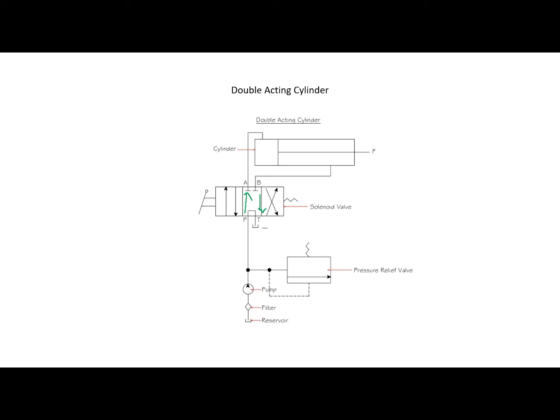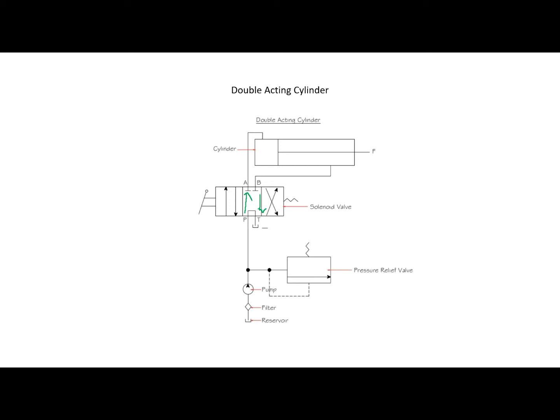When the four-way valve is deactivated, the spring-centered envelope prevails and the cylinder is once again hydraulically locked. When the four-way valve is actuated into the right envelope configuration, the cylinder retracts as oil flows from port P through port B. Oil in the blank end is returned to the tank via the flow path from port A to port T. At the end of the strokes, there is no system demand for oil.